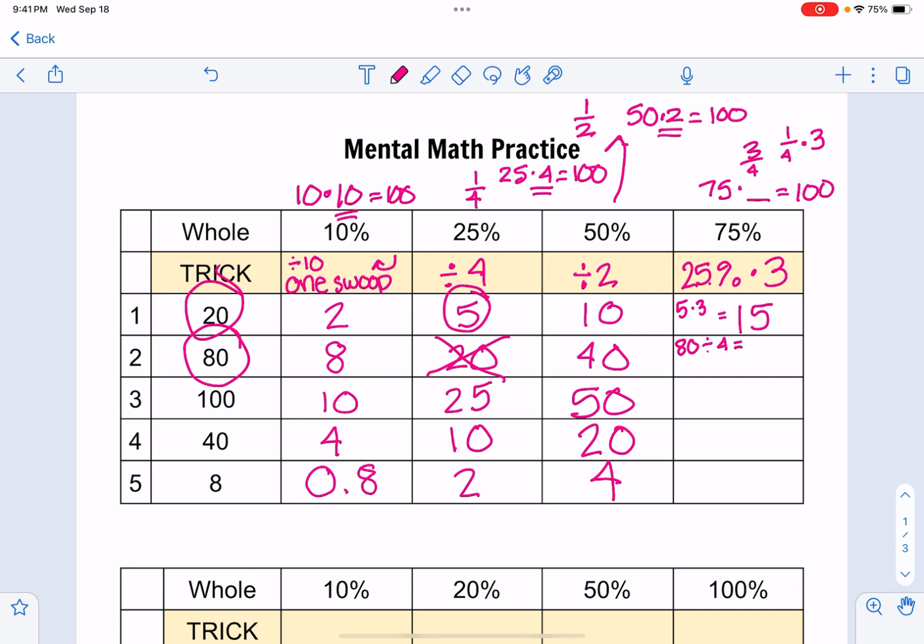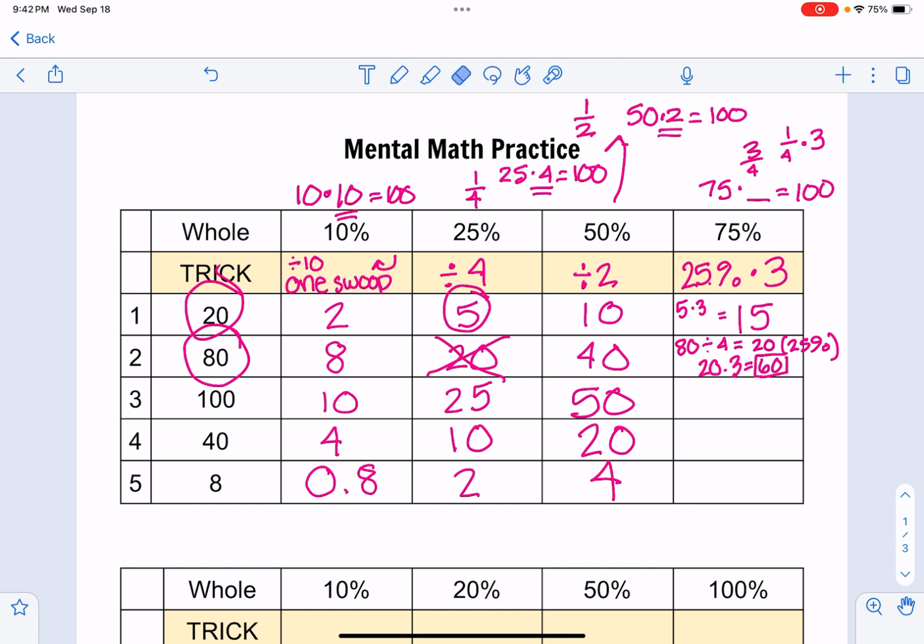It'll tell us what 1/4 of it is, and that's 20. So 20 is 25% of our original number 80. And then I just have to take that answer and multiply it times 3. 20 times 3 is 60. So 60 is 75% of 80. And that's how you could do it if it wasn't given to you.